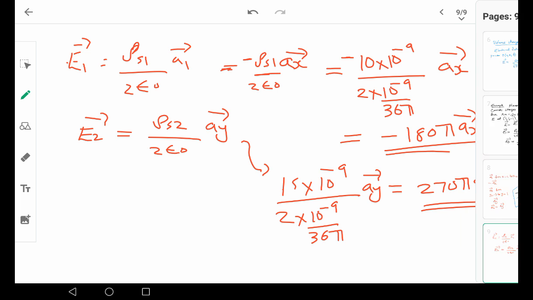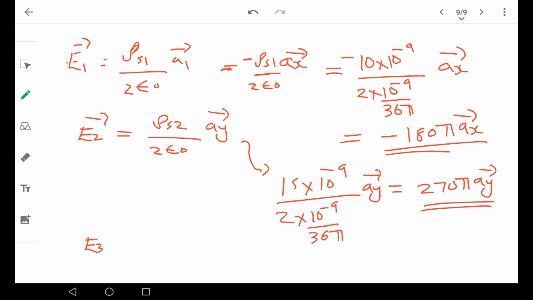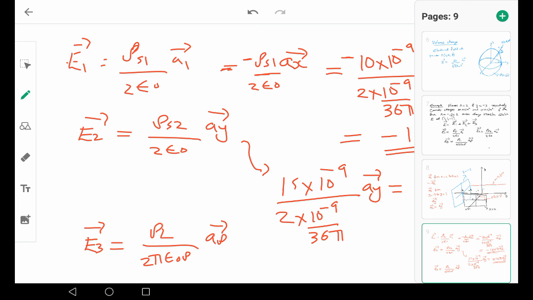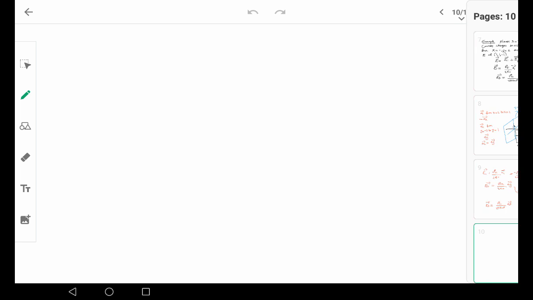So you have to find out, for example, E3. What is E3? You can write E3 is equal to rho L by 2 pi epsilon 0 rho, right? So first we will find out what is rho vector.